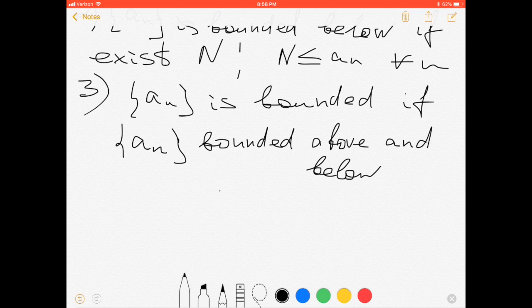This means a_n stays between N and M for any numbers.